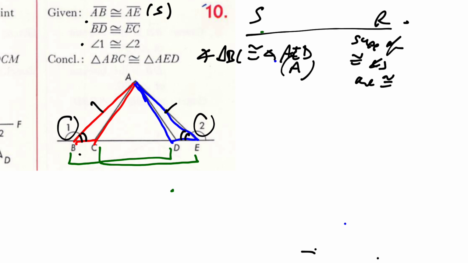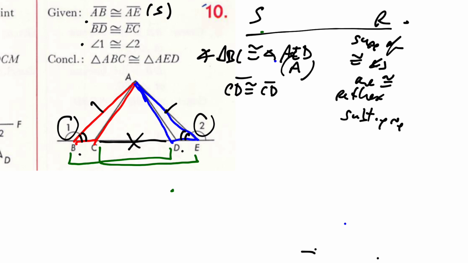Now, as far as the side, BC and DE, we know that BD and CE are equal, and CD is here in the middle. So we can say CD is congruent to CD, reflexive. And then using subtraction, it's a little annoying, but I have to write BD.